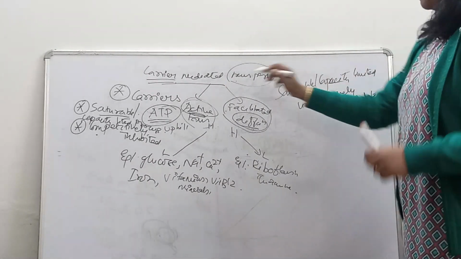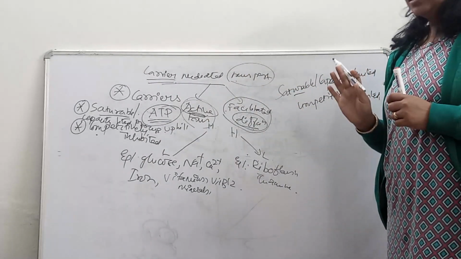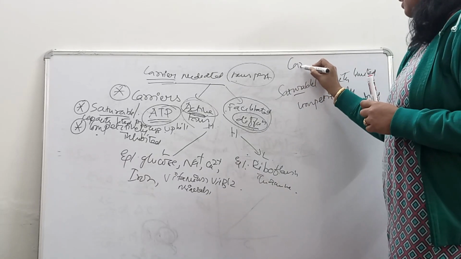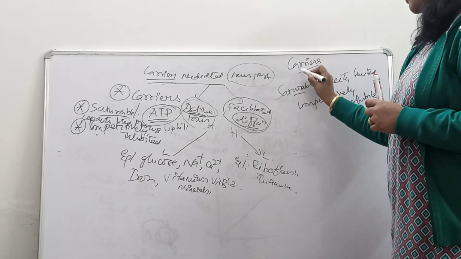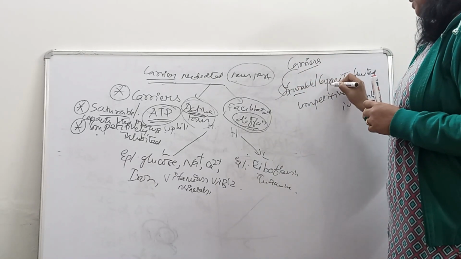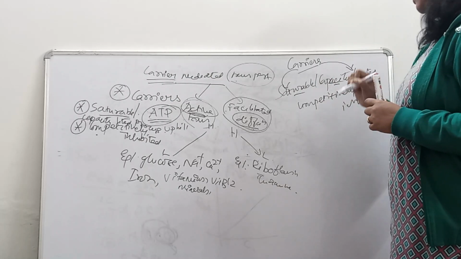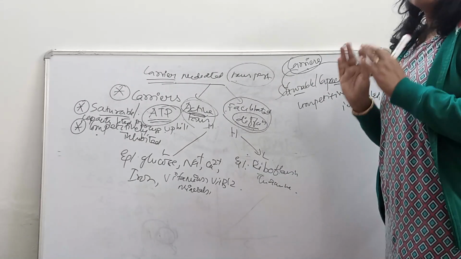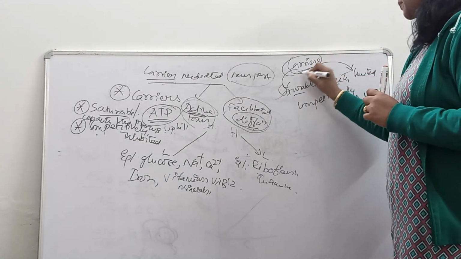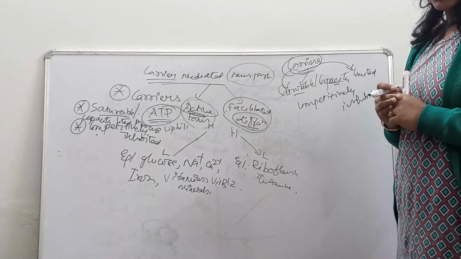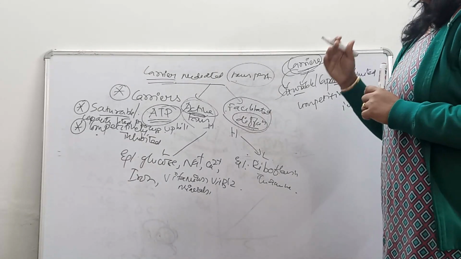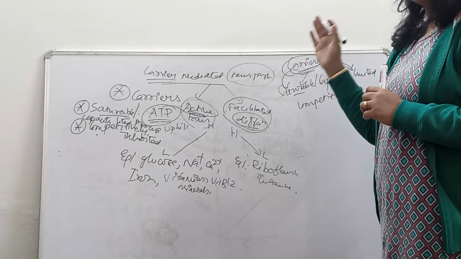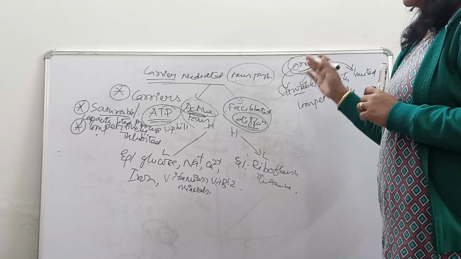Saturable process: both require a carrier. That means the carriers are limited in number, so they can be saturated, and their capacity is limited. There is a finite number of carriers present. It is not that as you increase the concentration, the rate of absorption always increases.